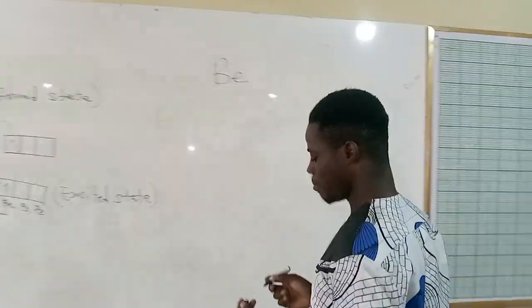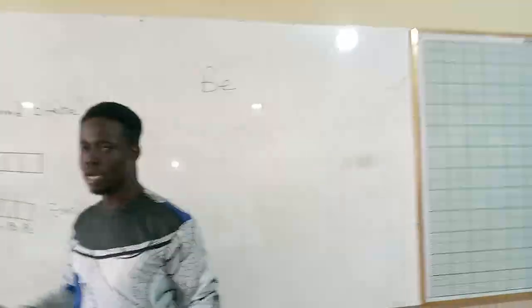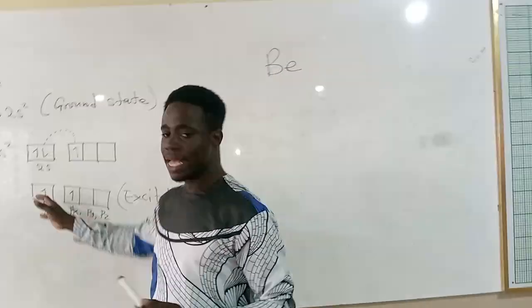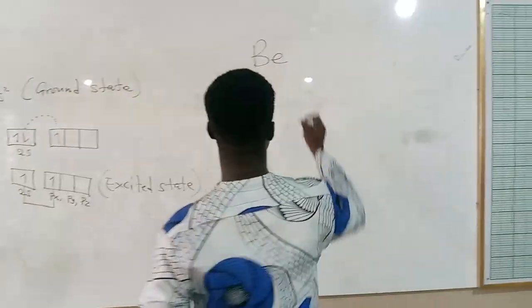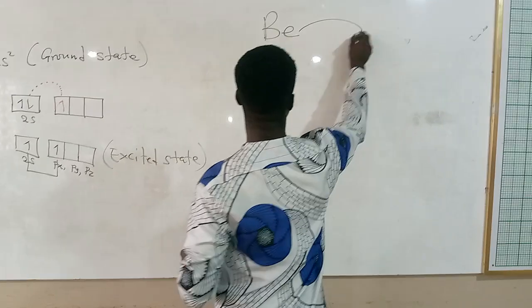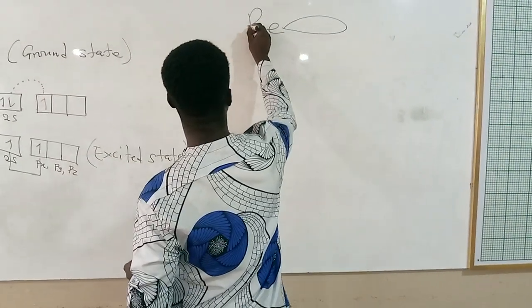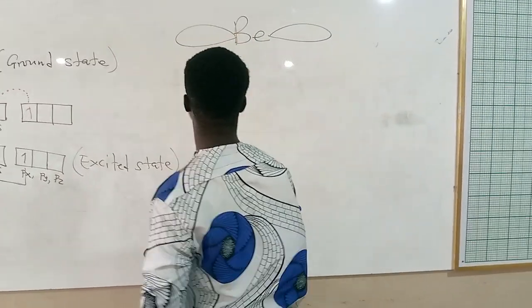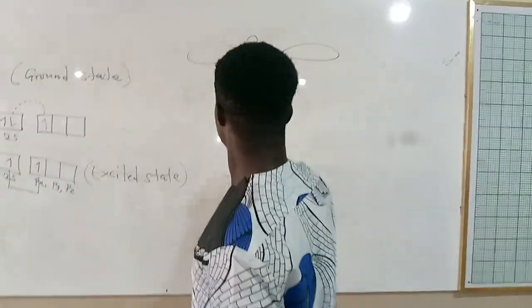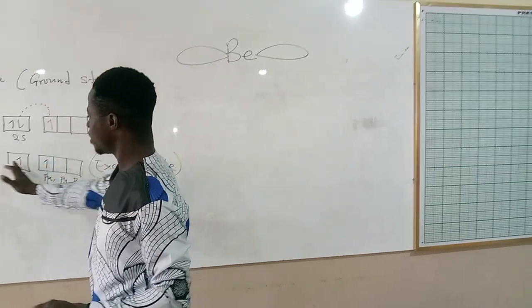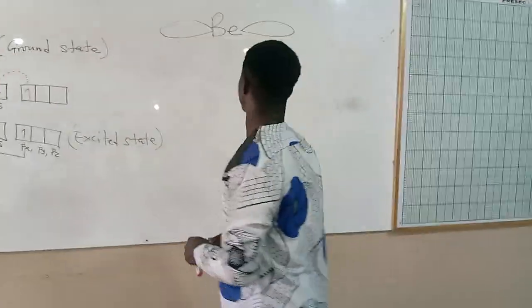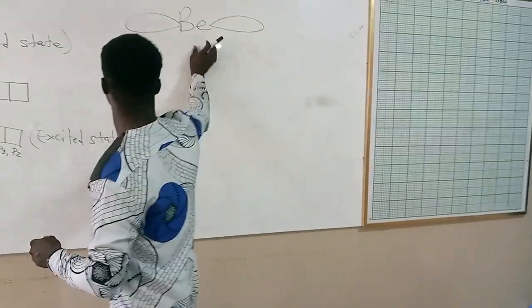Now with this beryllium, it has formed 2 hybrid orbitals because we know when you mix these 2 orbitals, you cannot observe them like this is S and P. They behave separately. So we are going to have something like this. This is 1, and then this is another one like this. So these are hybrid orbitals. These are the 2 hybrid orbitals as a result of mixing these 2.